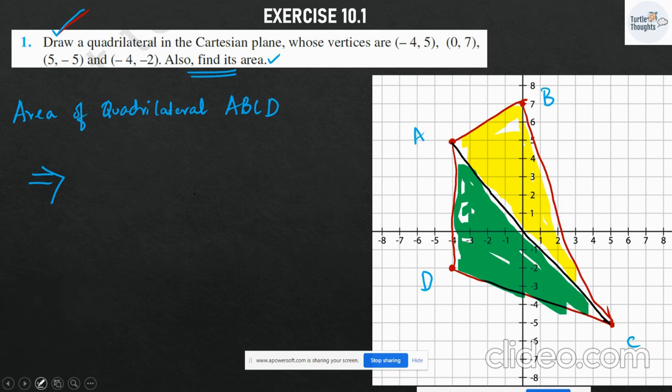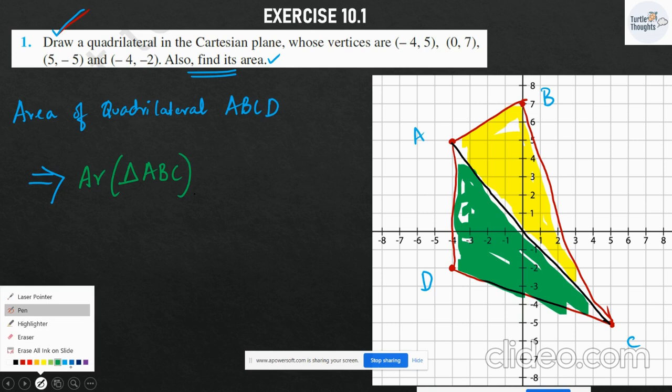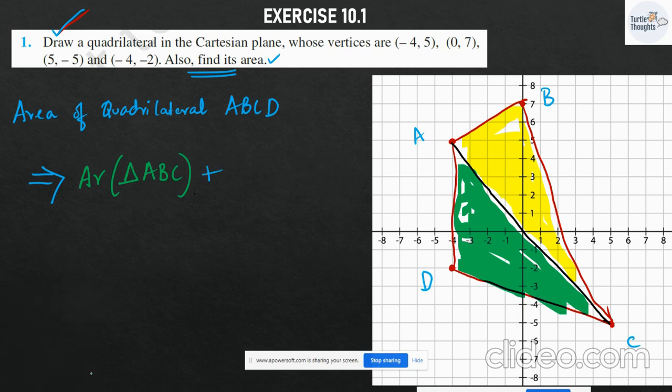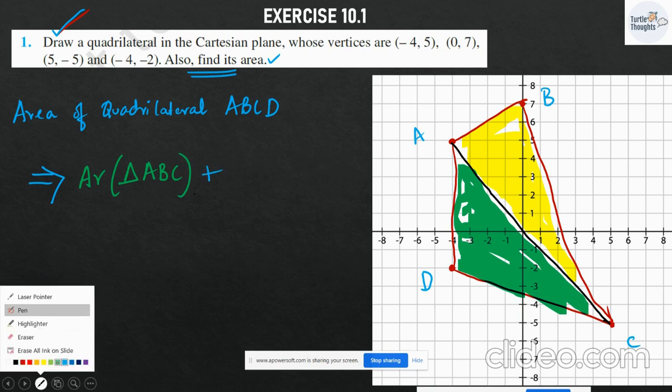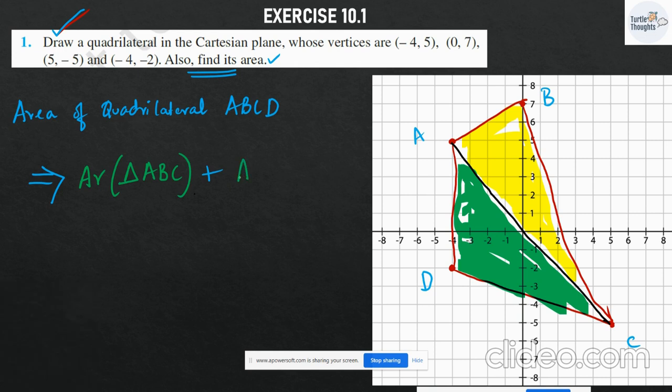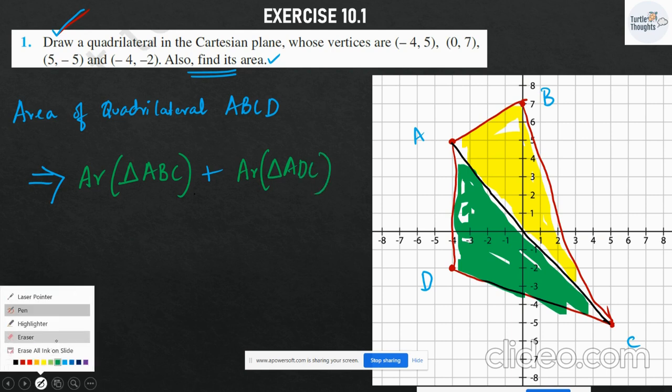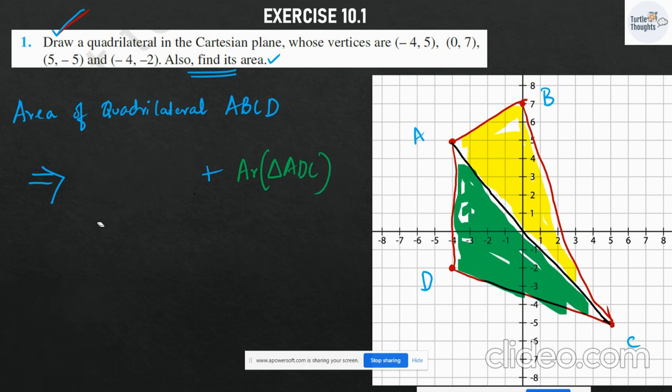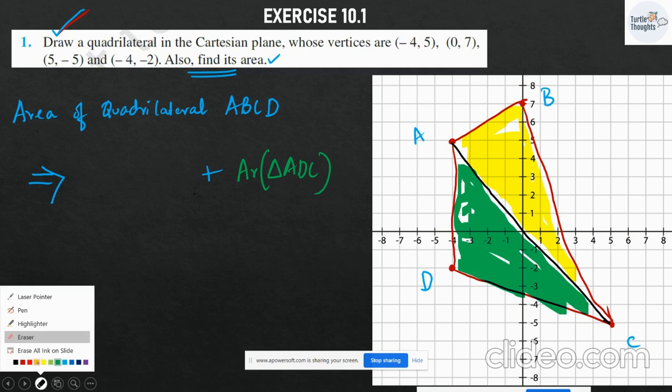Yes. So I can write over here that the area of the quadrilateral ABCD will be equal to the area of triangle ABC plus the area of the triangle ADC. Sorry, so this was the other color, right? So I will use the other color. So the area of the triangle ADC. Let me write it in yellow.